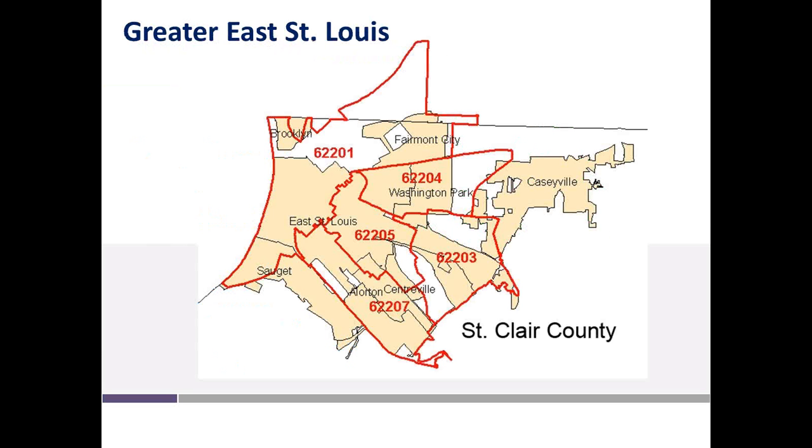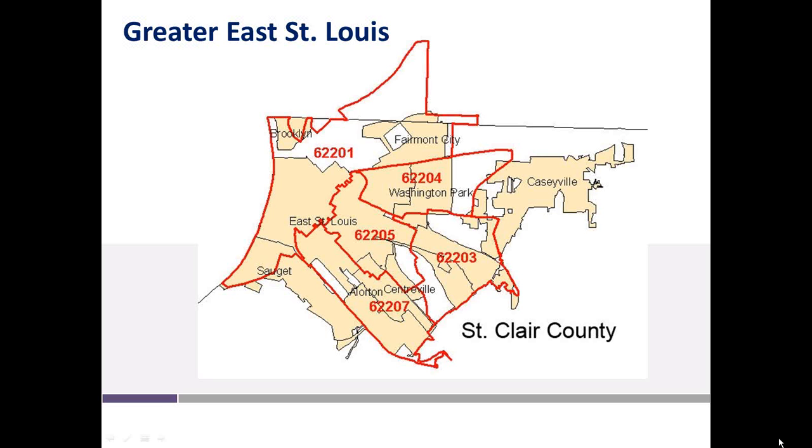So the slide that you see in front of you shows the geography of Greater East St. Louis. On the west side of zip code 62201 is St. Louis. So we're very close to a metropolitan community. There are 5 zip codes in the geography that we are serving within our innovation zone. And within that geography, it's about 12 miles by 12 miles. So it's not very wide or very deep.